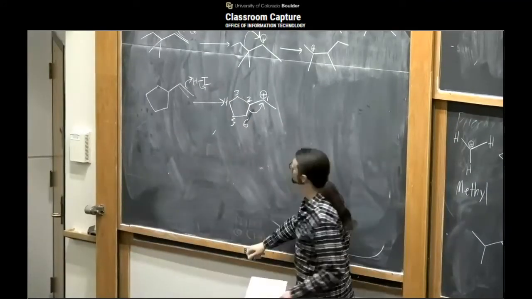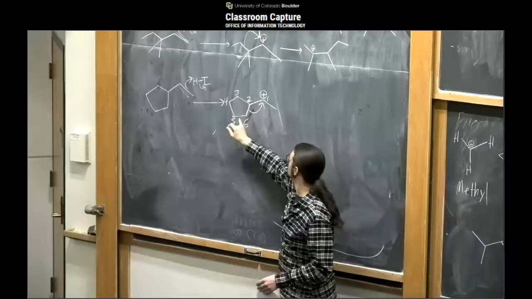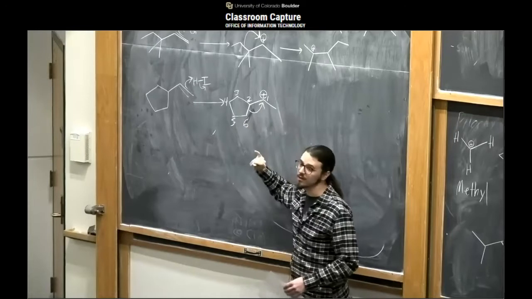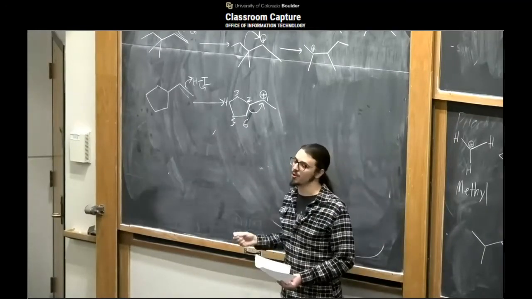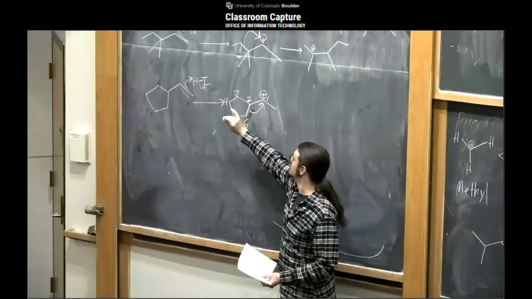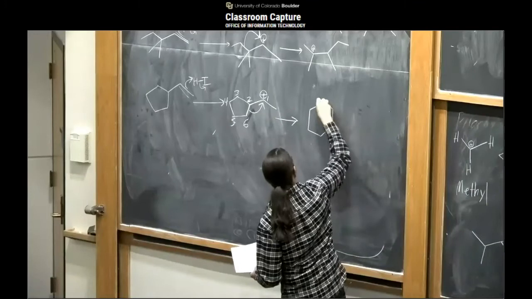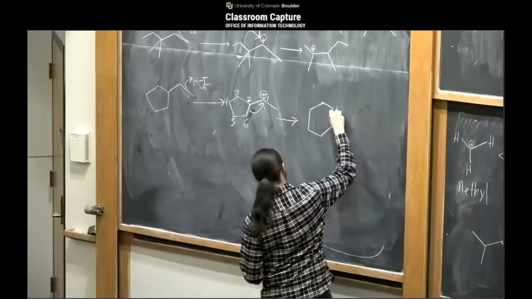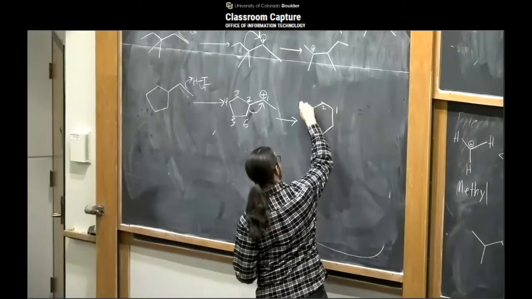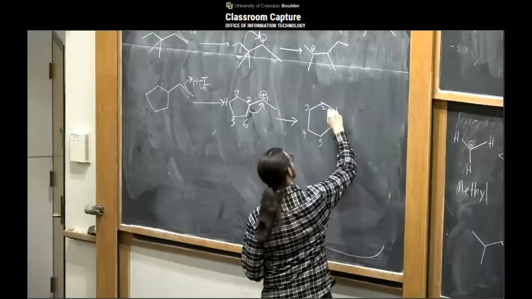So we're going to break the bond between carbons 2 and 6, and we're going to form a new bond between carbon 6 and carbon 1, meaning that we're going to end up with the carbocation on the atom we broke the bond from, which is going to be carbon 2. And a methyl group there.